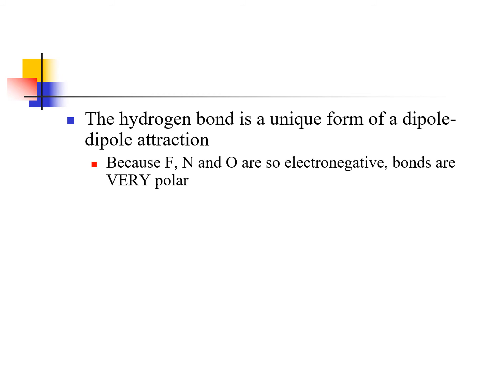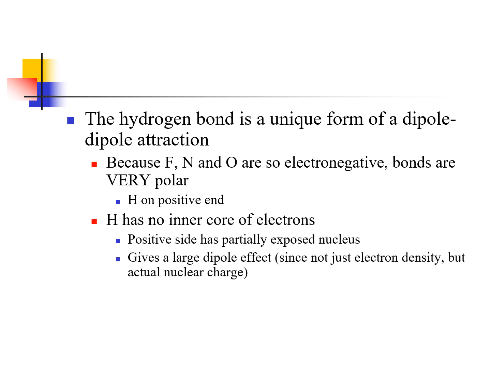Because fluorine, nitrogen, and oxygen are so electronegative, those bonds are very polar. In fact, it's so polar, the hydrogen is almost a bare proton. If the electrons are almost completely removed from that hydrogen, a hydrogen atom with no electrons is just a proton. So you have this kind of naked proton sitting there almost, and it's going to be strongly attracted to electrons on another atom.